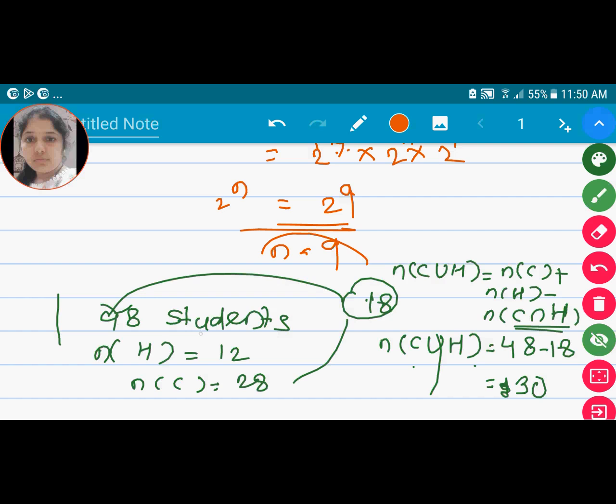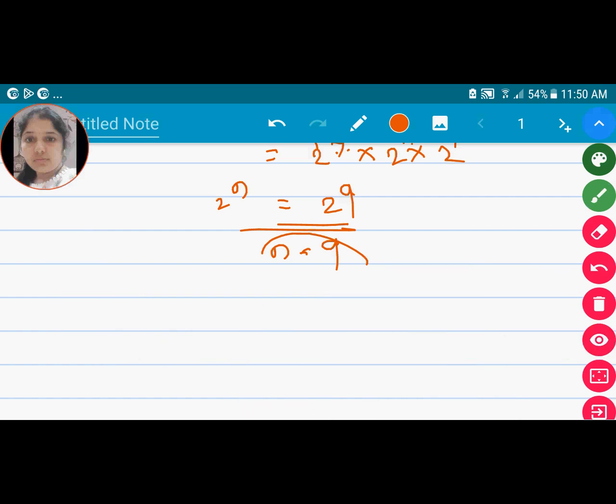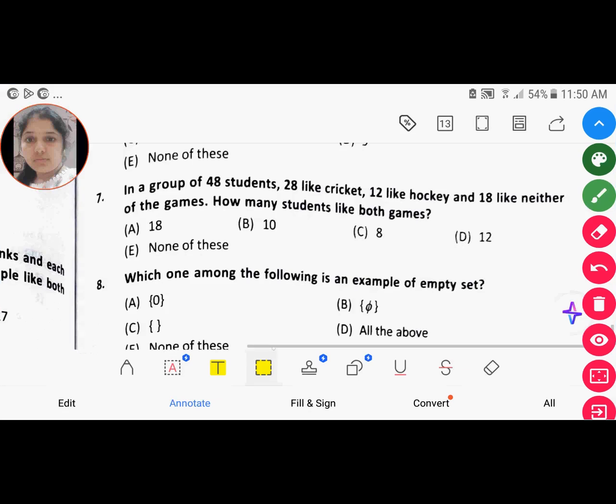Now put all the values. 30 is equal to 12 plus 28 minus your answer, C intersection H. Now 12 plus 28 is 40. 40 minus 30 is equal to 10. So 10 students like both the games.